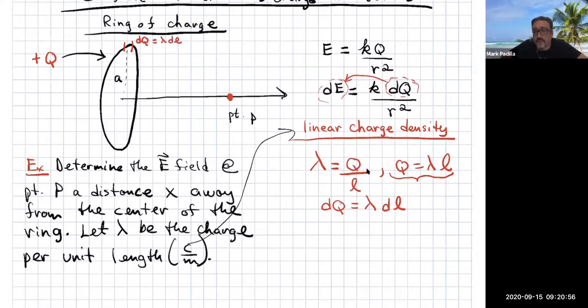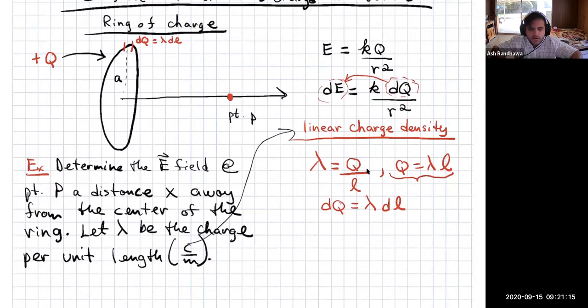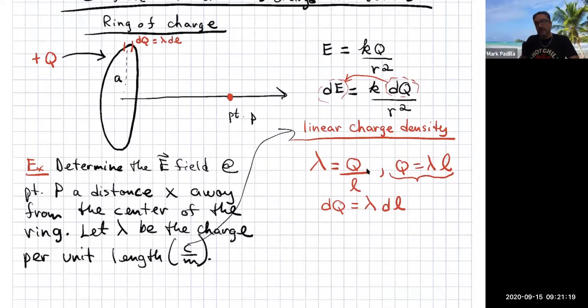Then I'm going to sum up all those little dq's around the ring in order to get the electric field at point P. So how do you do that? You just integrate both sides, right? So let's look at some symmetry arguments before we start that.